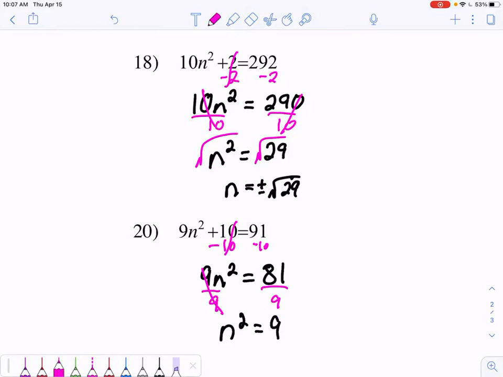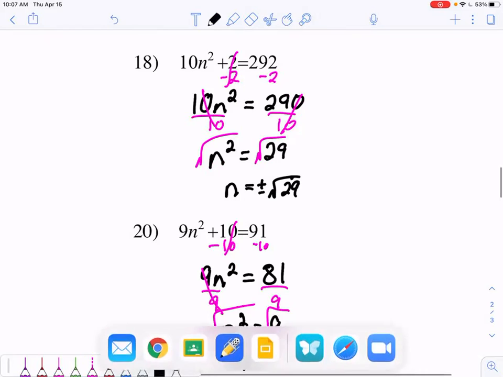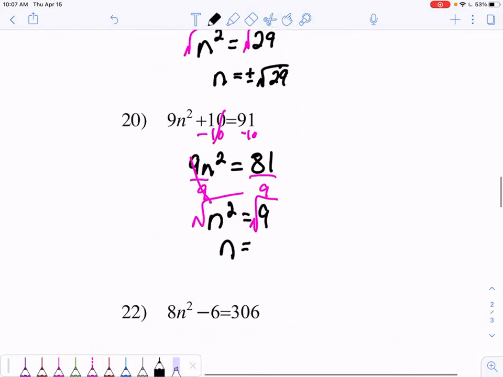Good. Good, and then? Forget that plus or minus. Oh, that was 9 up there. Good.